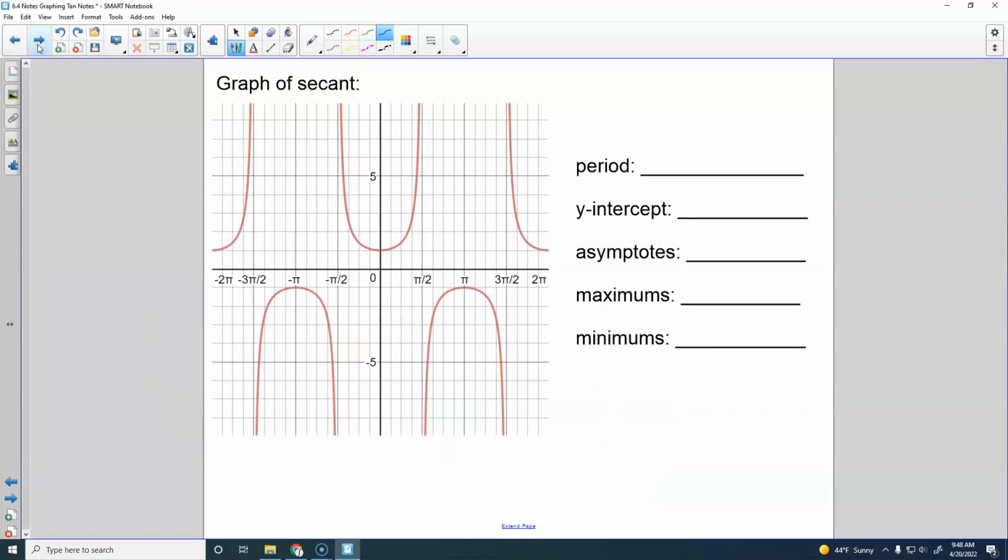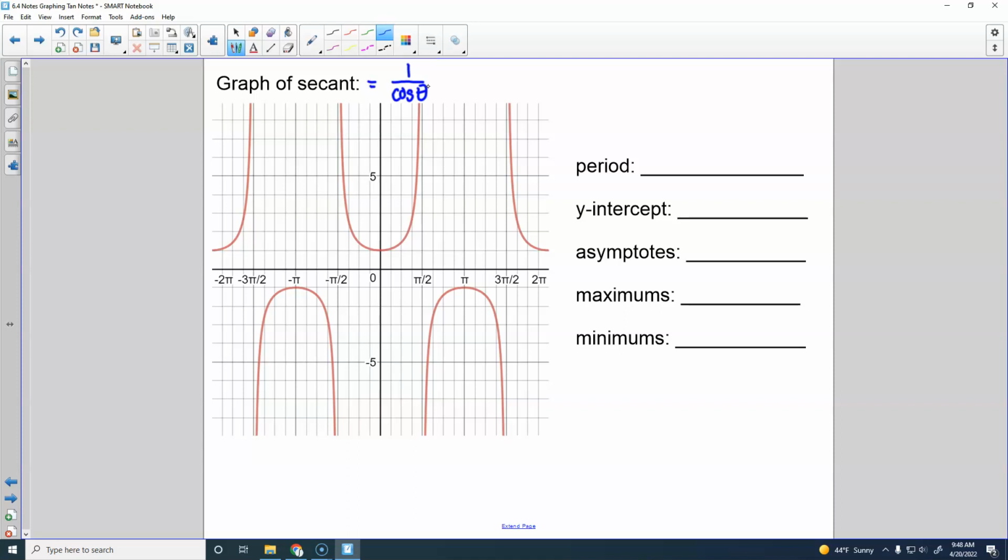All right, secant is really a crazy sort of graph. But secant, and we're going to go over these even more here soon, but secant is going to equal 1 over cosine. So that's something we use with those unit circle values that equals 1 over cosine.